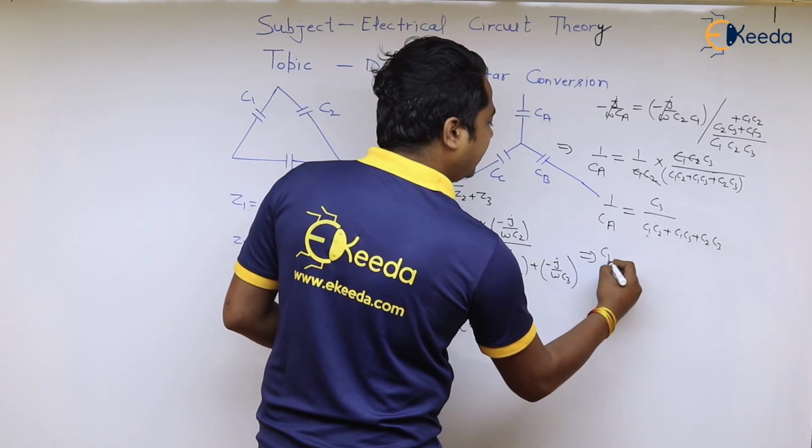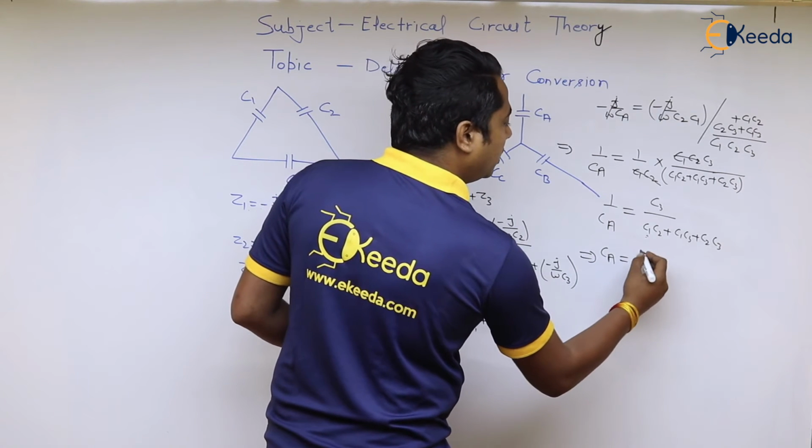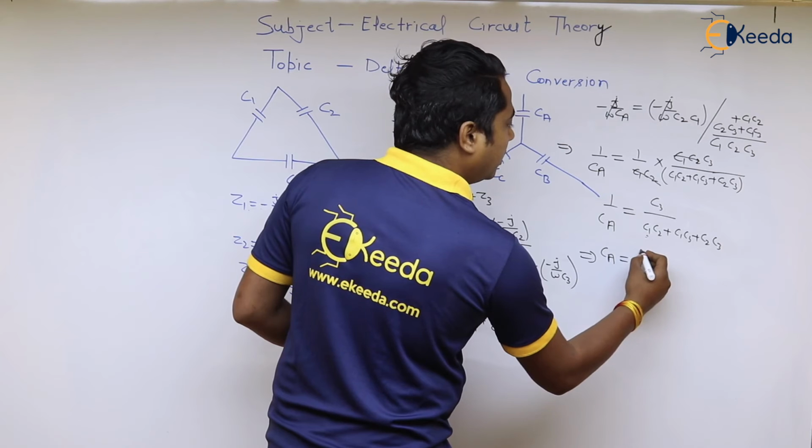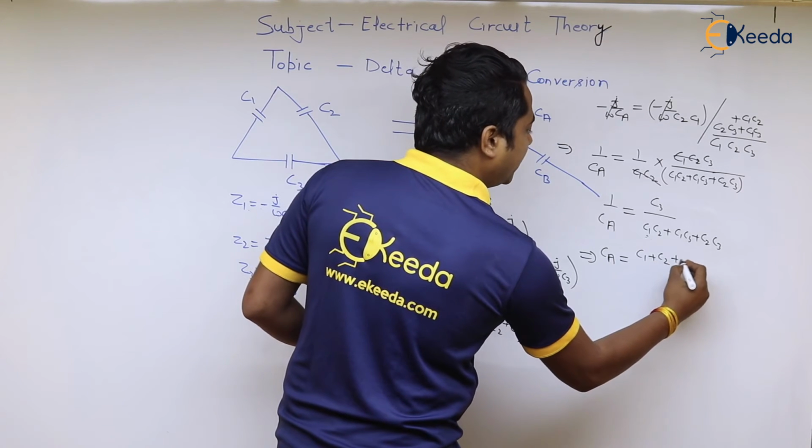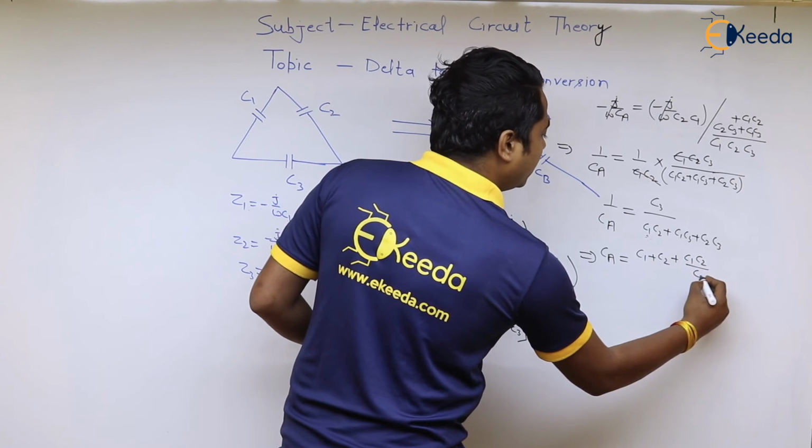It means the value of CA will be equal to C1 plus C2 plus C1 C2 upon C3.